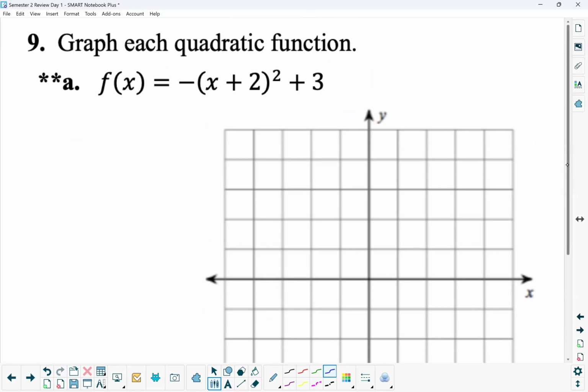Graphing. So to graph, I would start with the vertex. In this case, we get -2, 3. As soon as I know the vertex, I know the axis of symmetry. X equals -2.